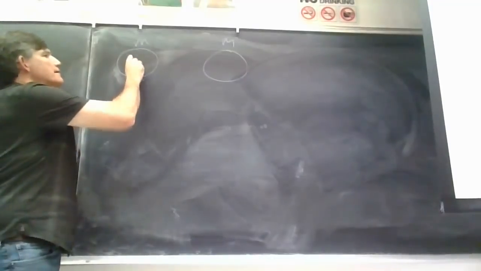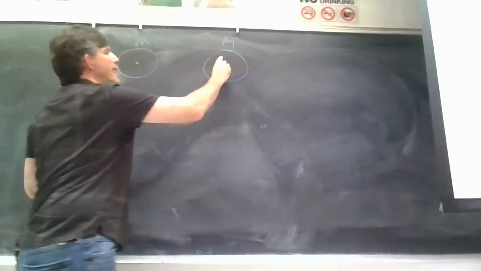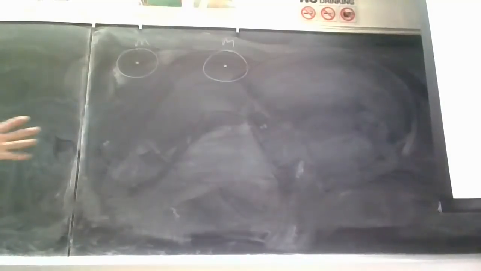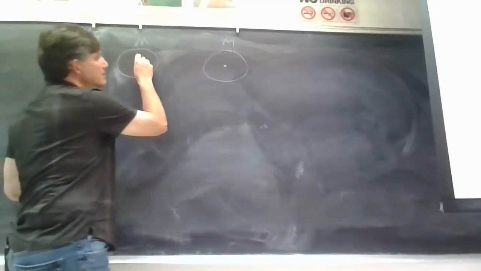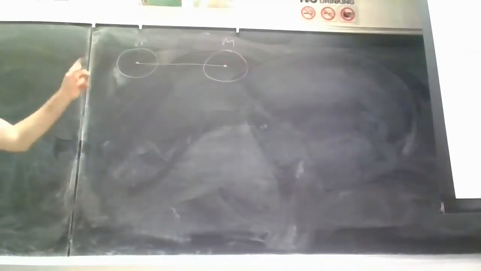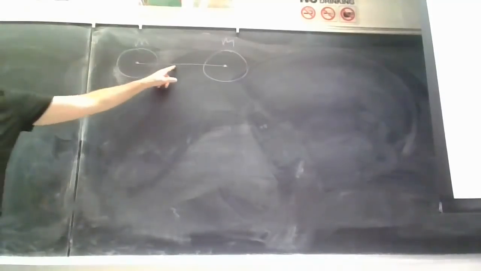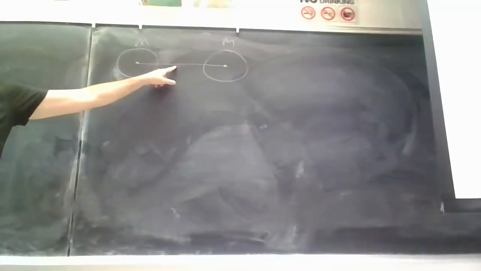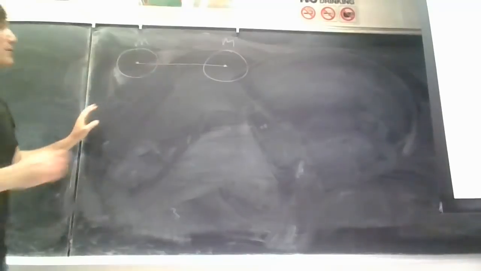And the answer is right at the center. But if I ask you, where's the center of mass for the combination, for the set, then the way you do it is you draw a line between their centers, and you think, right? If they're the same mass, mathematically, where is the center of mass? Right at the center. So there's nothing there, but that's actually mathematically where the center of mass is located.